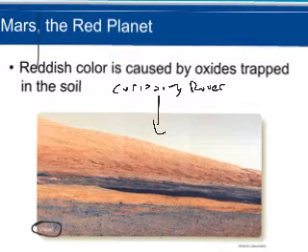And then there have been a lot of missions that orbited or flew by Mars, but the ones that landed on the surface of Mars collected a lot of the rocks and soil samples. So all those different things were picked up from the landers.